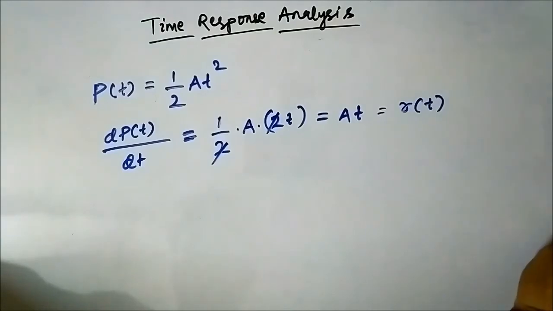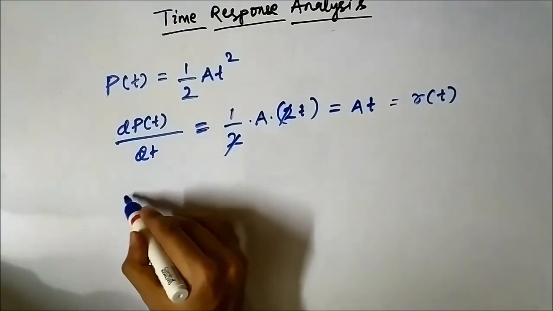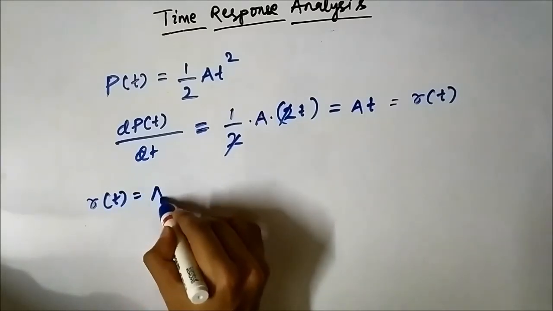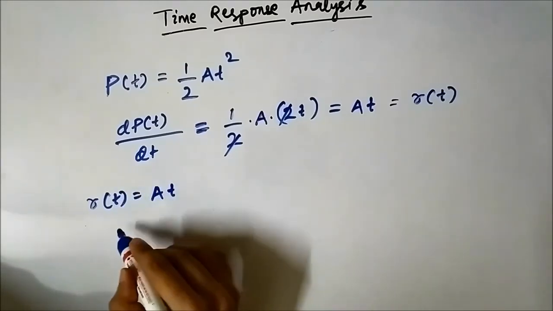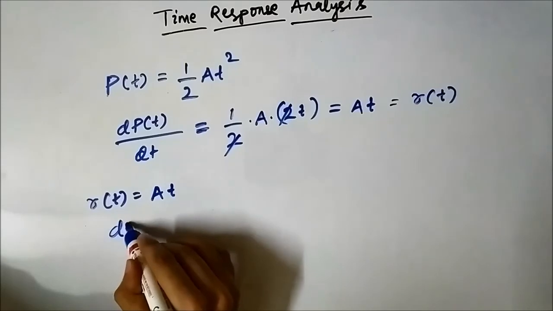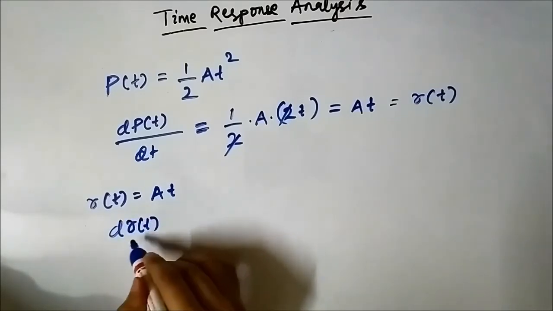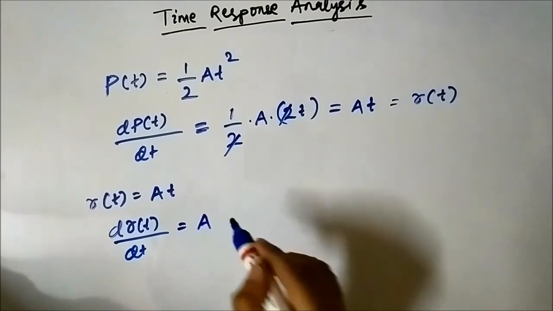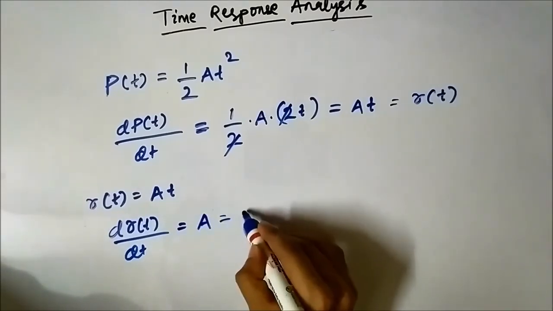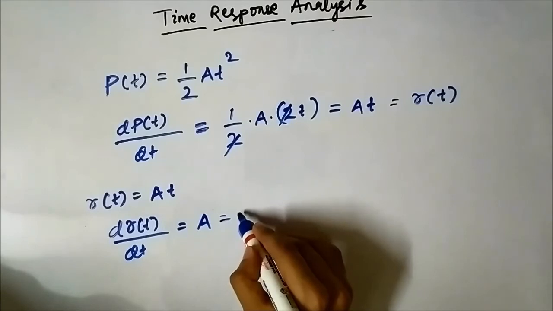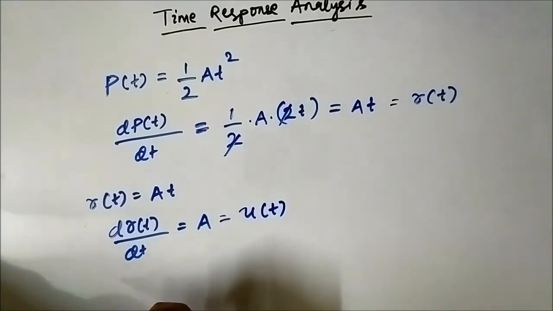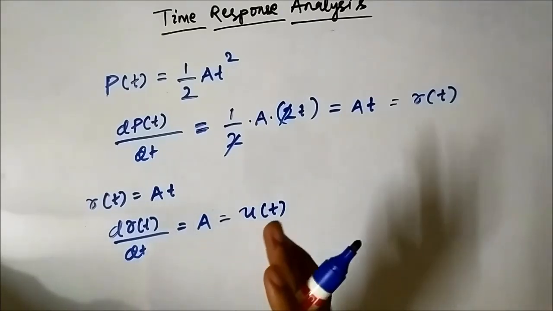Again, this is the ramp function, r(t) is equal to at. Suppose we differentiate it with respect to time. dr(t) by dt gives us a, which is nothing but the step function u(t).